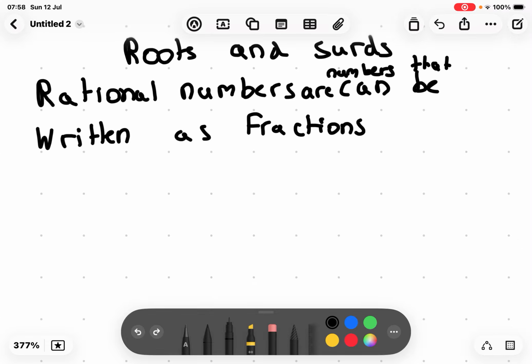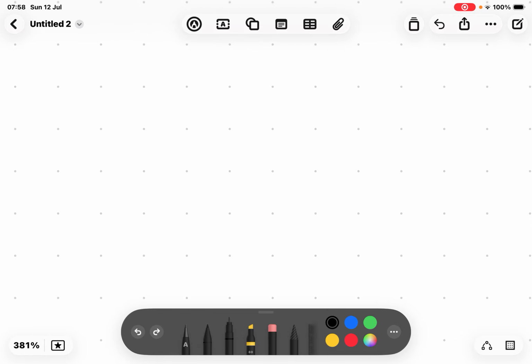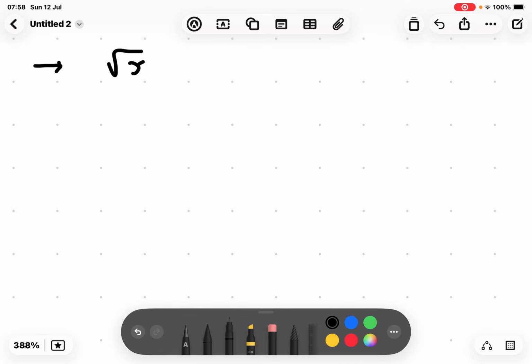Okay, now let's start. First of all, let's know the rules, for example these two times each, which are basically the laws of roots and surds. This is surds.